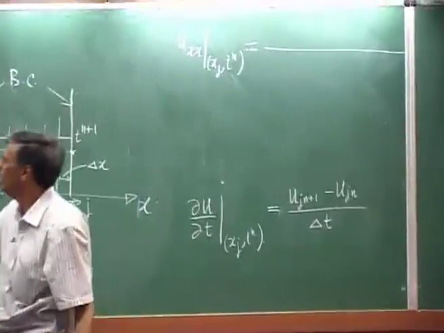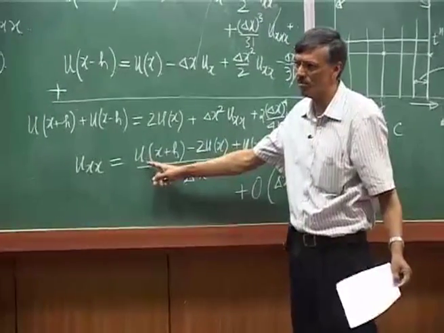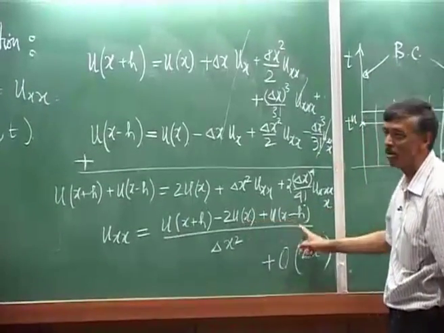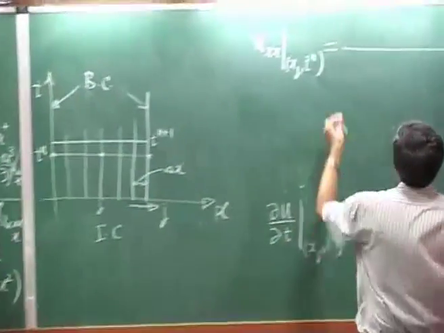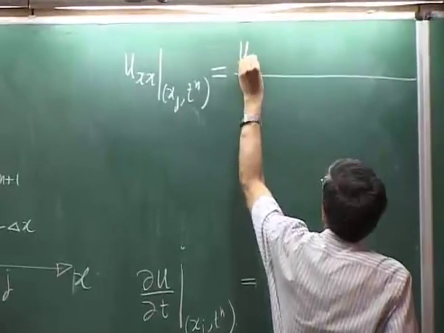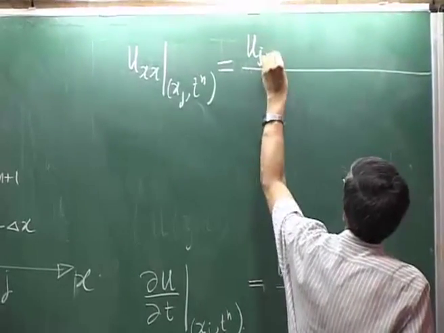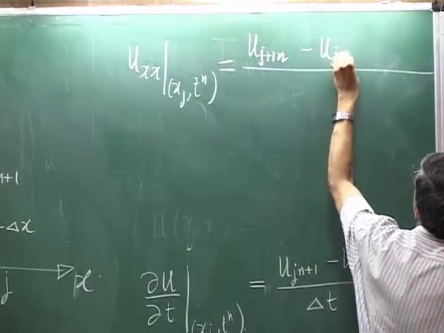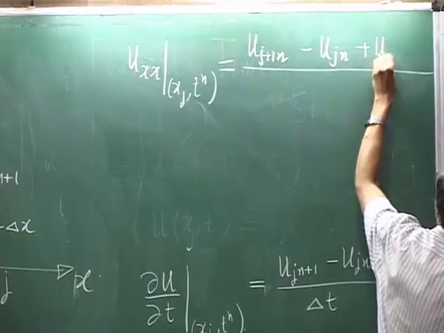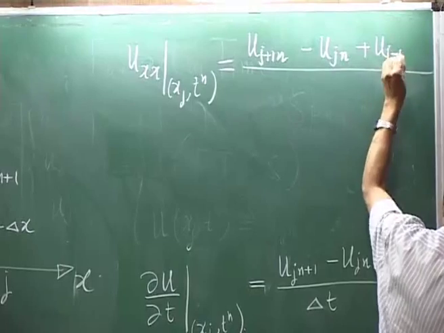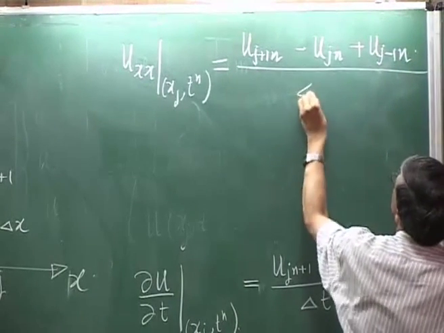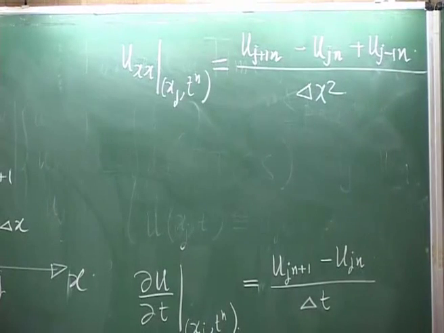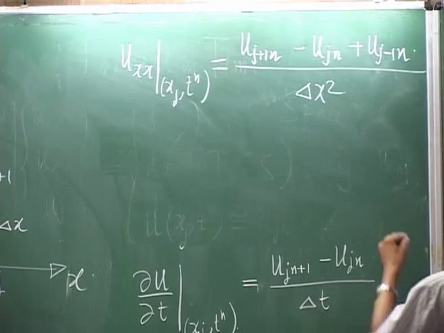This will be u of j plus 1, right. This will be u j, this will be u of j minus 1. So, u of j plus 1, n is the same, right. So, twice here.